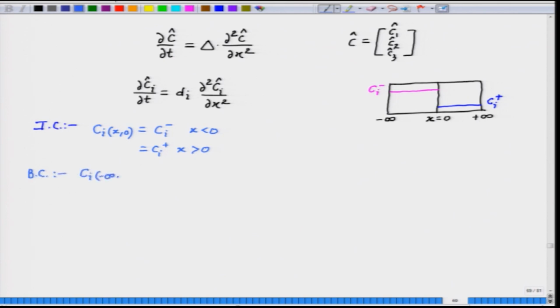C I at minus infinity at any time t should be the original concentration, that is C I minus, and C I at plus infinity at any time t should be C I plus. And when we solved the diffusion equation for the binary diffusion couple, we also used the condition that C I at x equal to 0 at any time t, since the diffusivities are constant, should be the average of the two end concentrations. This should be C I minus plus C I plus divided by 2.